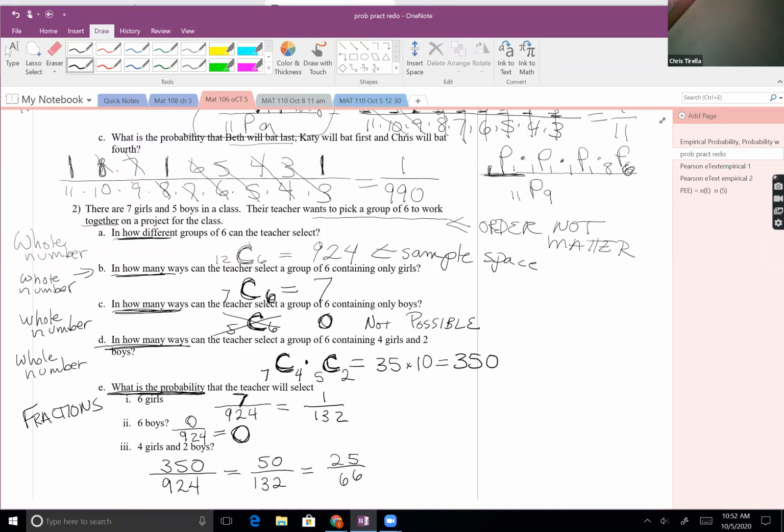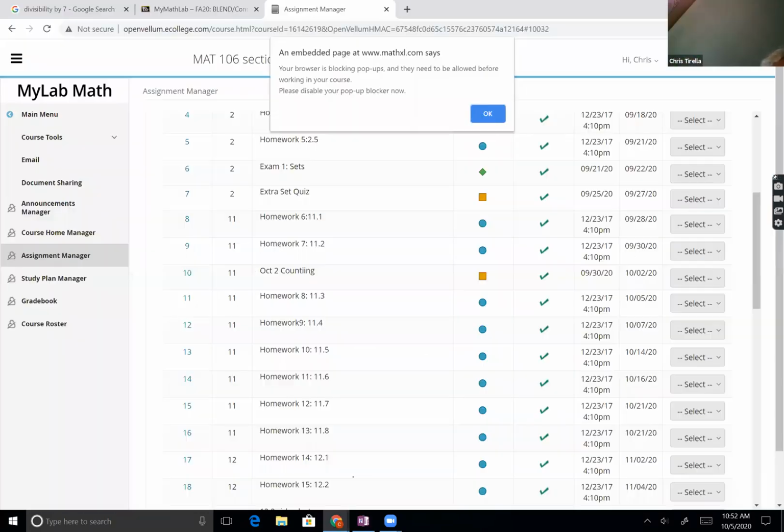I'll have the work all done out before next class, so we don't have to go quite as slowly through it, but we will go through it. Does that sound like an all right plan? All right, in which case I am going to stop sharing my screen, and I am going to stop recording.